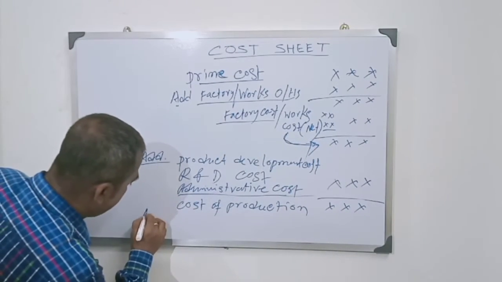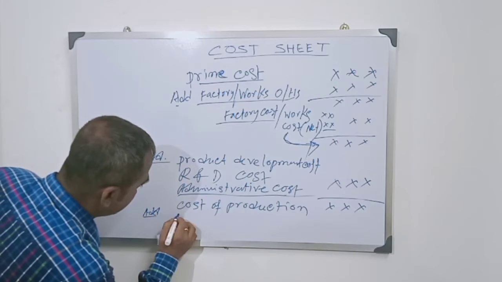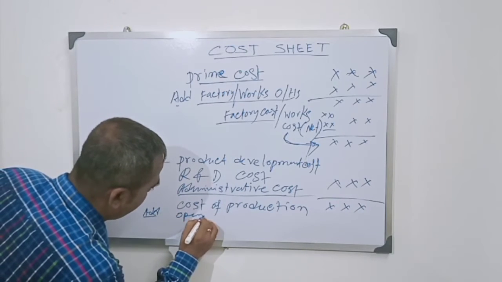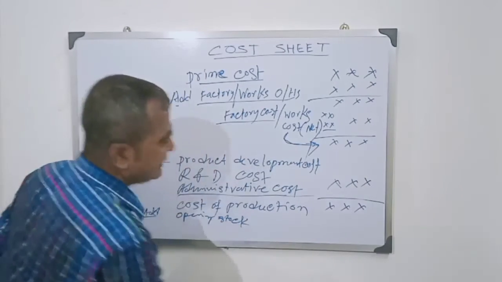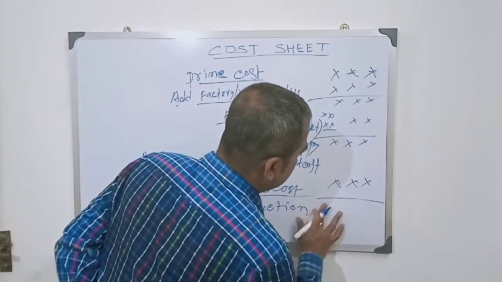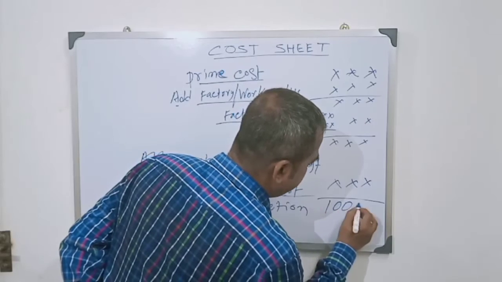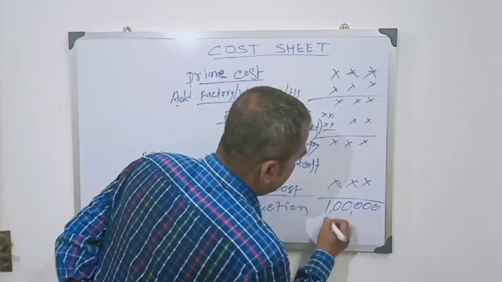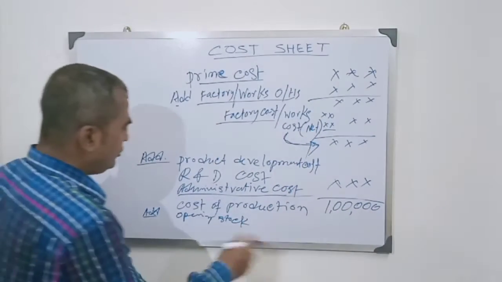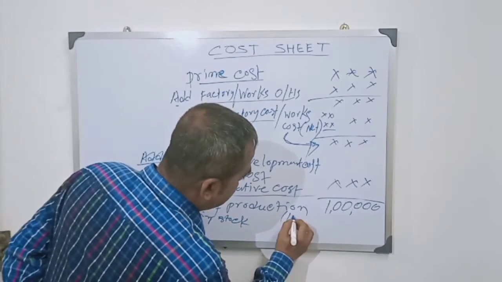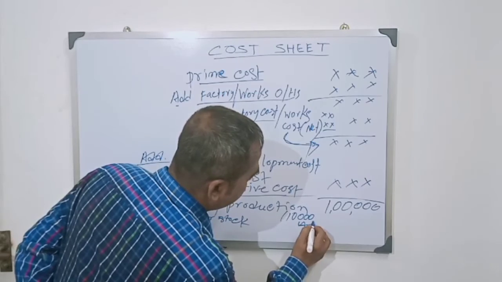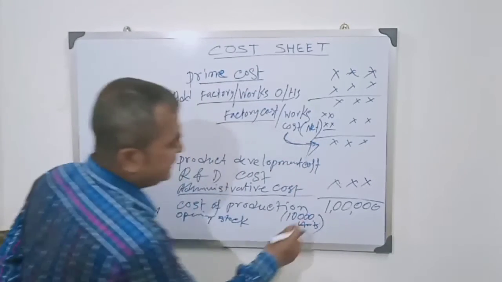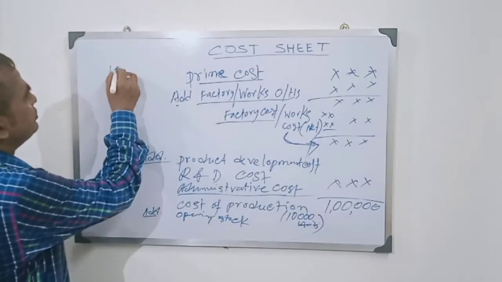Here, add opening stock. Suppose here we get a total of 1 lakh for simplicity. Now total production is 10,000 units. We simply divide, so per unit is rupees 10.